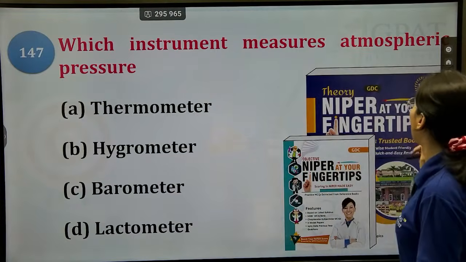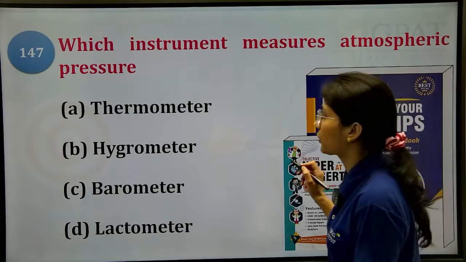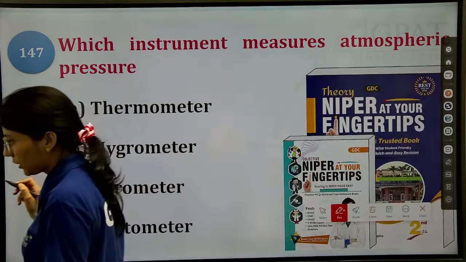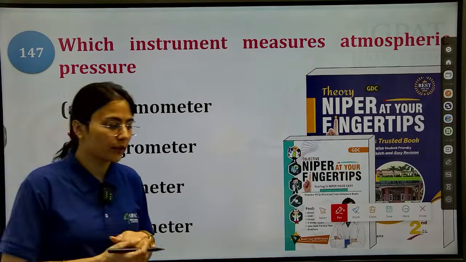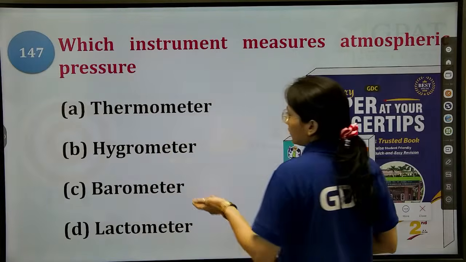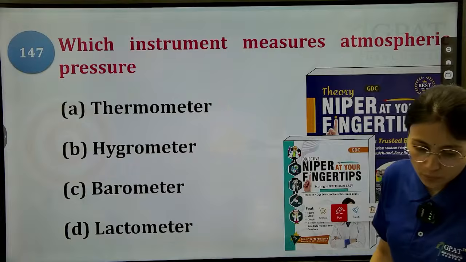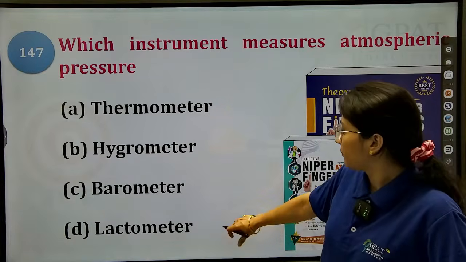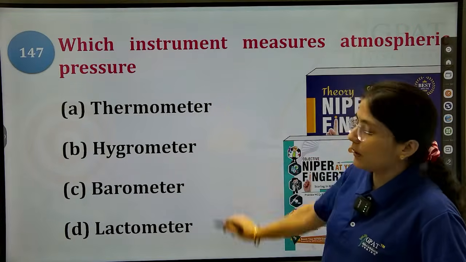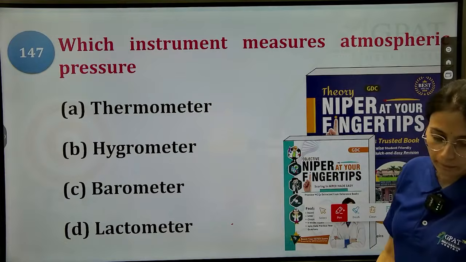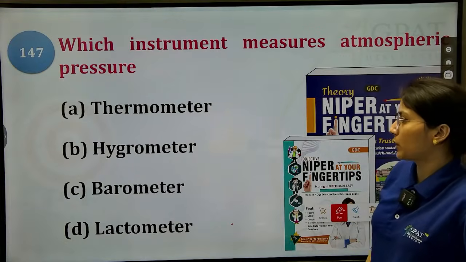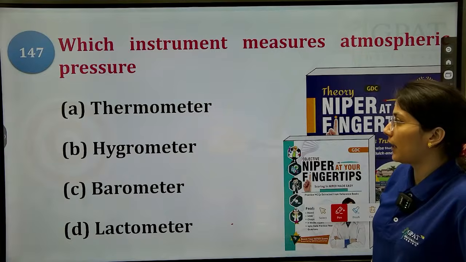Which instrument measures atmospheric pressure? Thermometer, hygrometer, barometer, lactometer. Lactometer is used for milk. Thermometer is used for temperature. So we have two options, barometer and hygrometer.